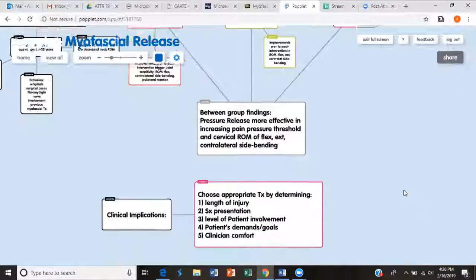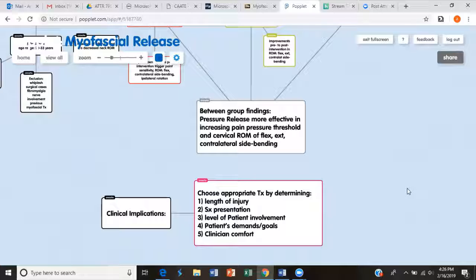Other things we should look at when determining an appropriate myofascial release treatment method is to look at the patient demands and goals. Again, positional release may have some soreness last for up to 48 hours. So therefore, we do not want the patient to have positional release if they have a strenuous activity plan for the next 1 or 2 days.